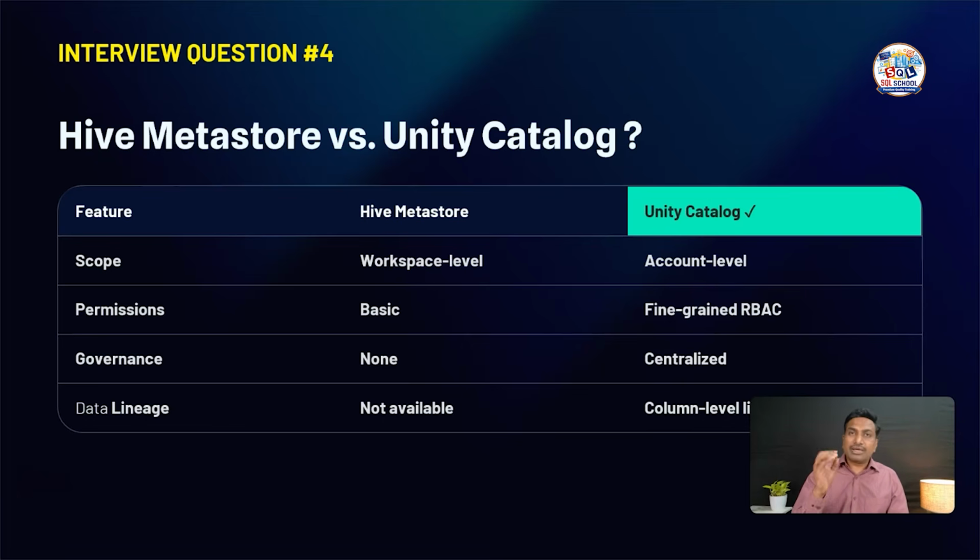Unity Catalog has schema level, volume level, file level, table level, column level, row level, and now even data level permissions. We say fine-grained RBAC, role-based access control. No governance environment for Hive Metastore. Unity Catalog has centralized governance. Data lineage is not applicable for Hive Metastore, but for Unity Catalog, column level lineage is also available.